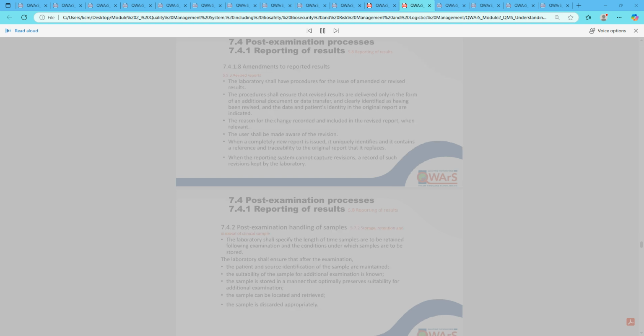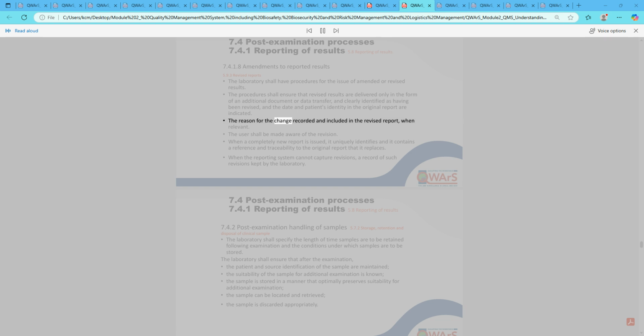7.4 Post-examination processes, 7.4.1 Reporting of results, 5.8 Reporting of results. 5.9.3 Revised reports. The laboratory shall have procedures for the issue of amended or revised results. The procedures shall ensure that revised results are delivered only in the form of an additional document or data transfer and clearly identified as having been revised, and the date and patient's identity in the original report are indicated.